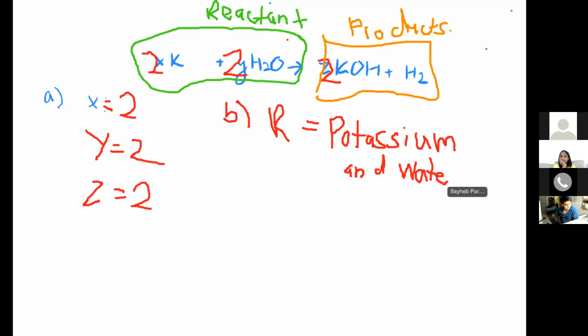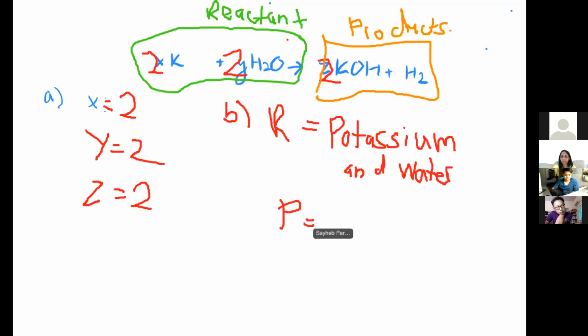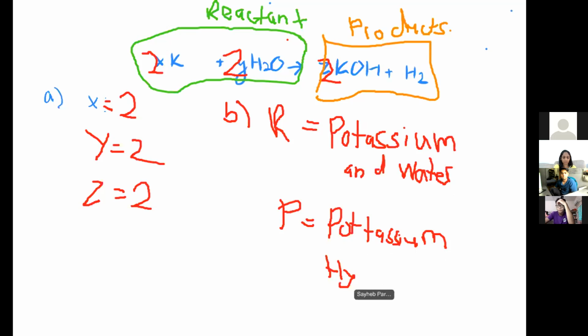So your product will be anything after the arrow, which is potassium hydroxide and hydrogen gas.